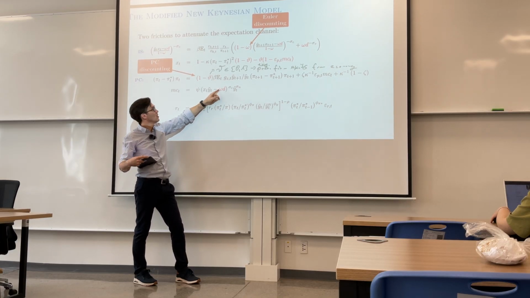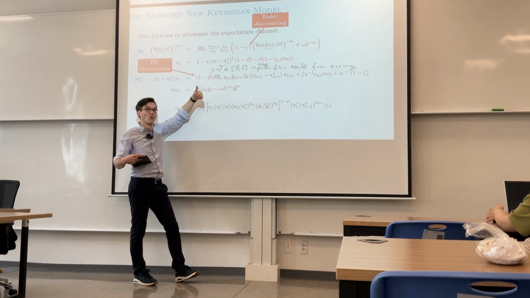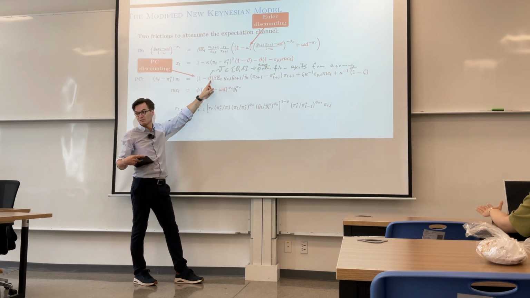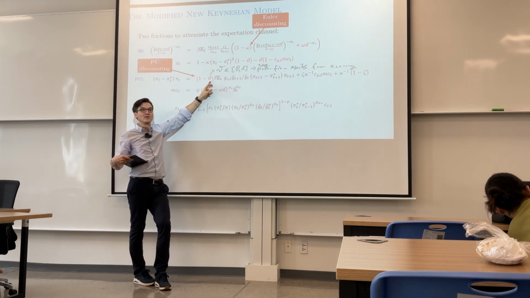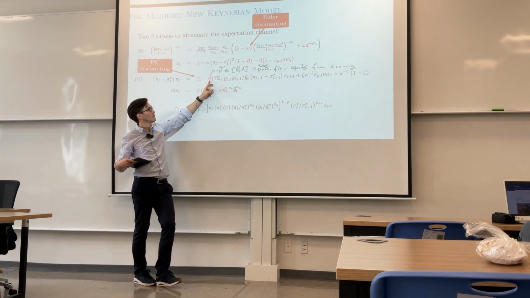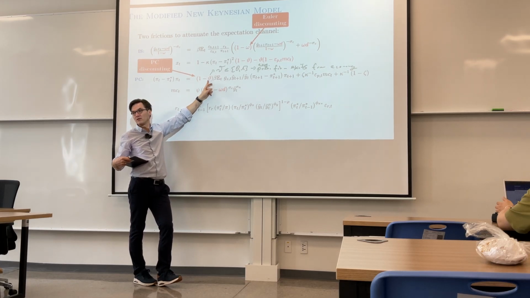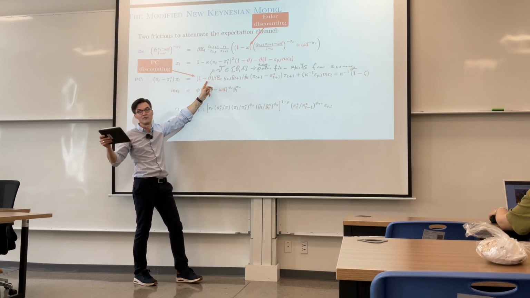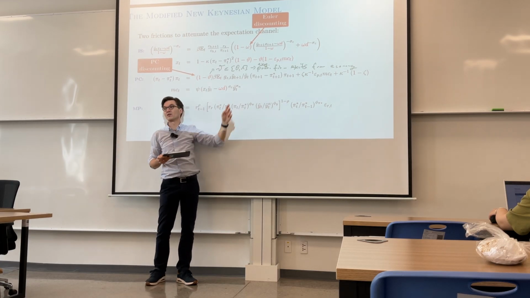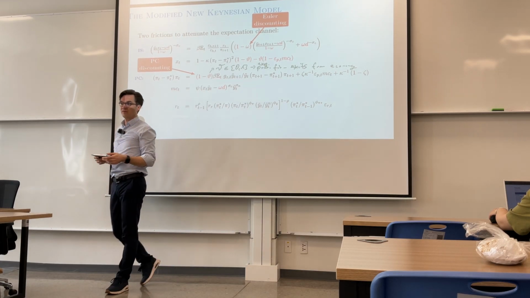Or you could microfound this. You could actually model firms having a balance sheet, right? When they are bankrupt, then the probability of exit is high, and when they are more solvent, then this probability is lower. Absolutely, you could microfound that, and that would also give rise to time variation in bar theta. You're totally right on this.